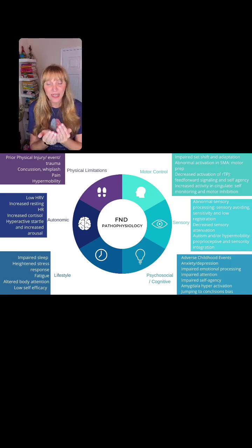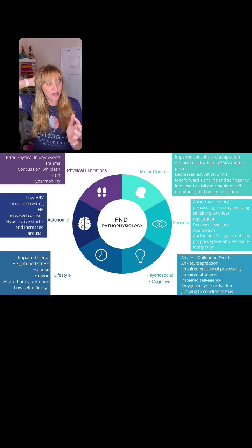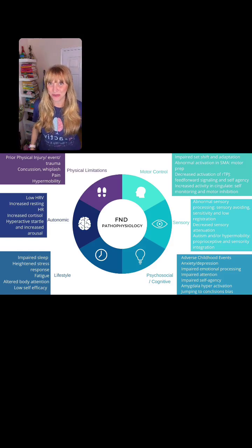But this is the framework that really guides us in understanding a person based on their story. We collaborate together to create a pie chart and really get down to what are the biggest pieces of the pie? And what I want you to think of with this is that it can be changing too, right?